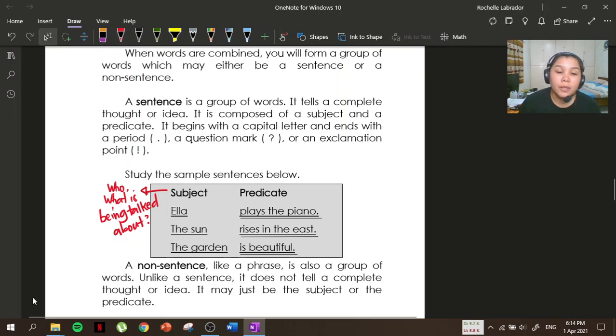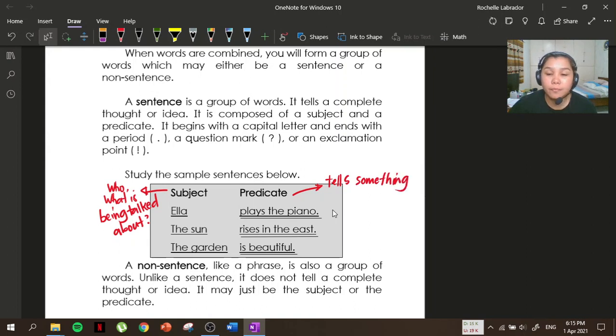And then the predicate, it simply supports the subject or it tells something about the subject. So pag ito din tells something about the subject, if this is present, then therefore it is a sentence. So pag pareho yan check in a given group of words, it means it is a sentence.